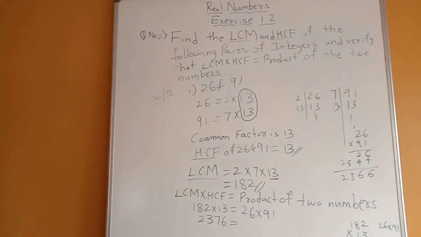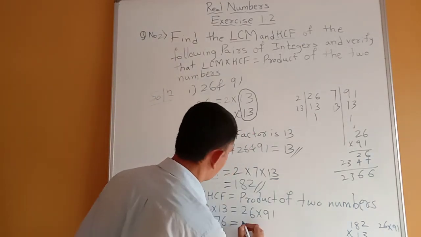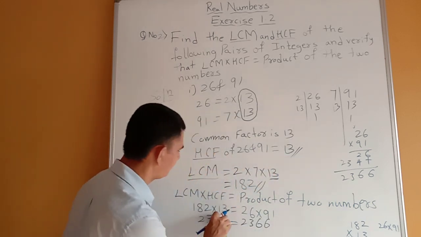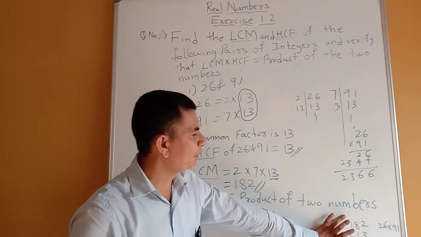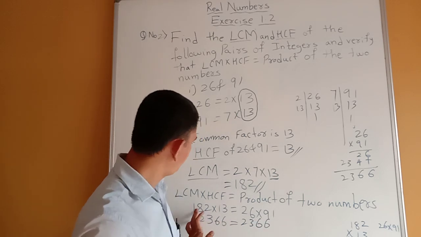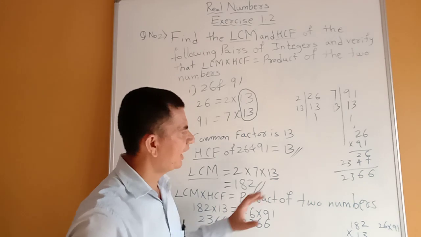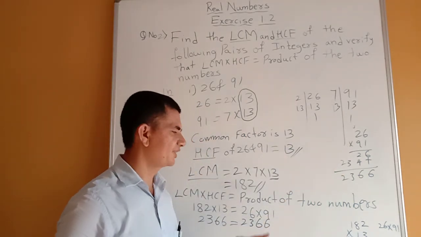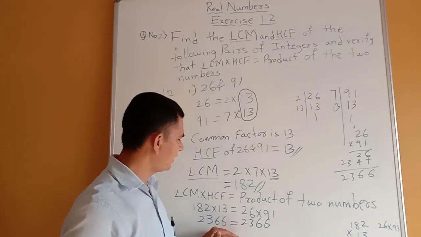Now 26 into 91 we have to multiply properly. After multiplying, we got 2366. Sorry, we had written 23 instead of that, we have to write 2366. So 182 into 13 gives 2366, and again 26 into 91 gives 2366. After multiplying in rough, we have to write the answers.